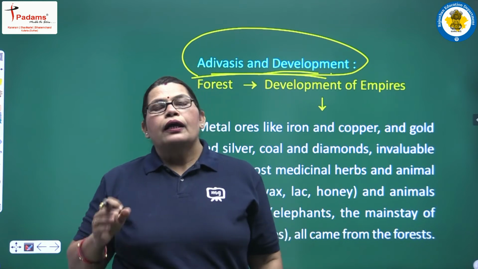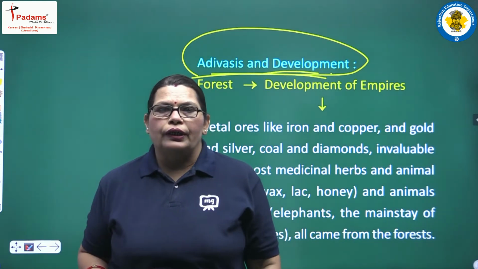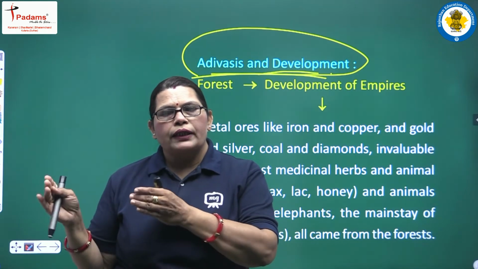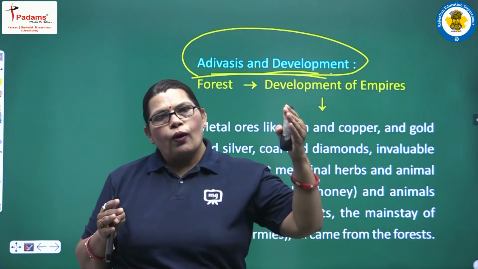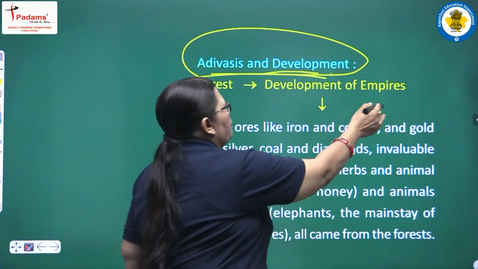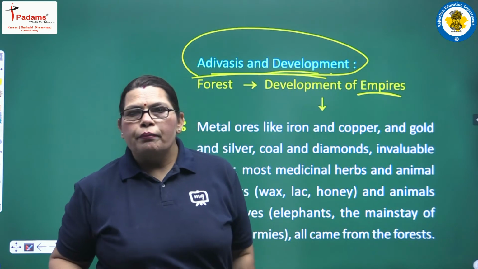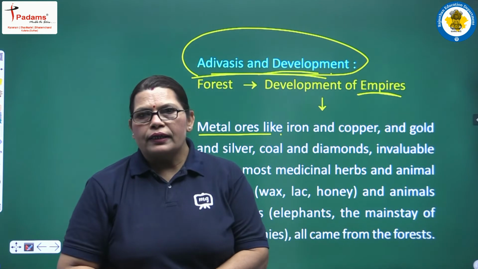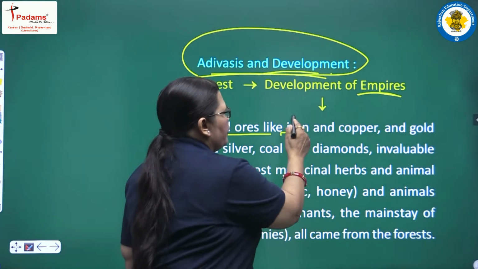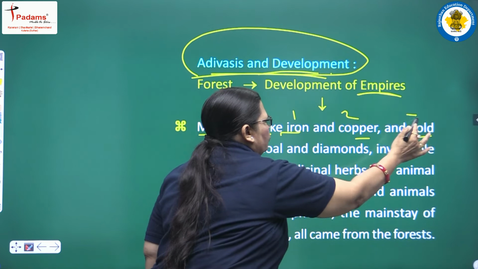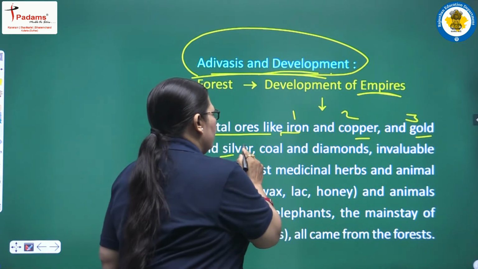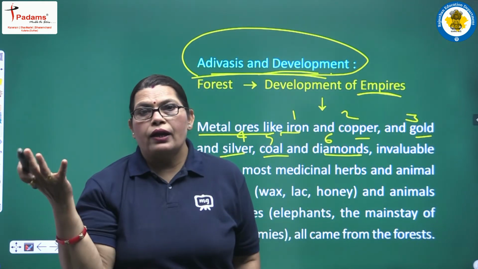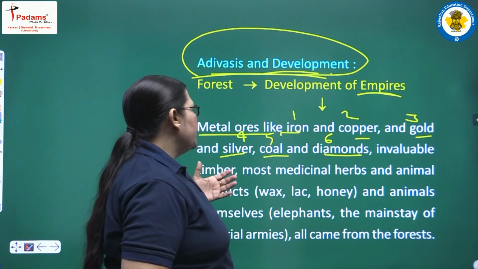The second thing is industrialization, and with the growth of industrialization, many tribal people, many Adivasi people, were displaced from those places. So the development of empires is also a main reason behind the displacement of Adivasis. See, metals, ores like iron, copper and gold, silver, coal and diamonds. All these are valuable, and invaluable timber also.